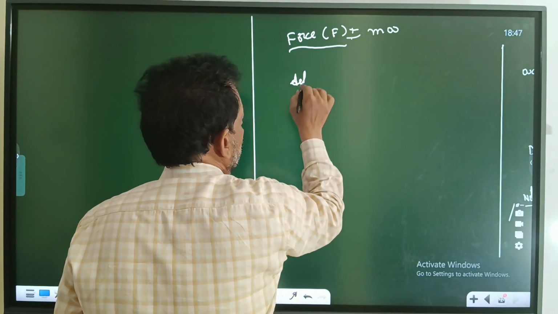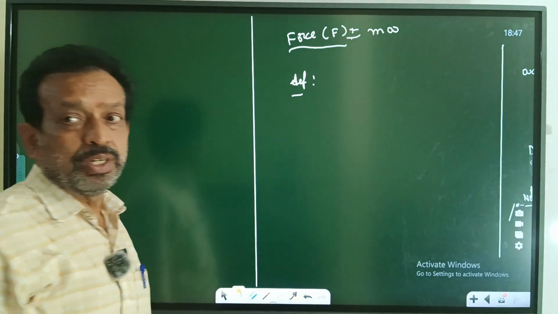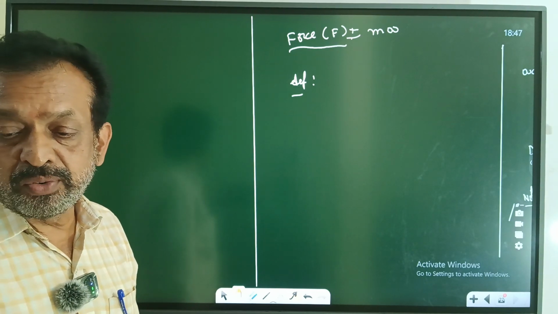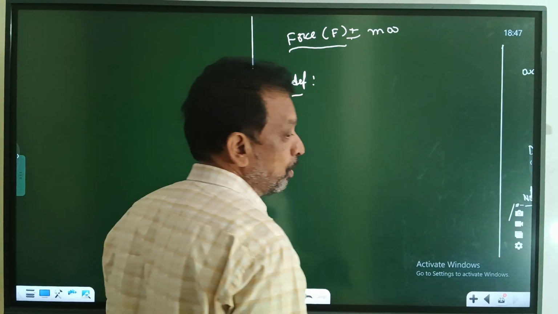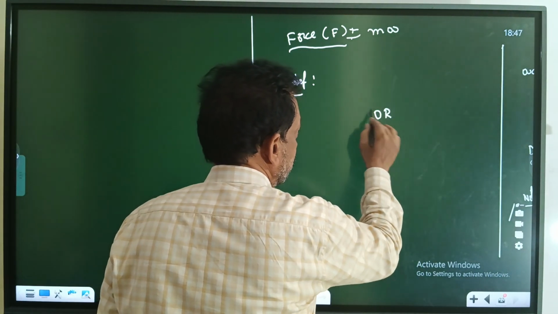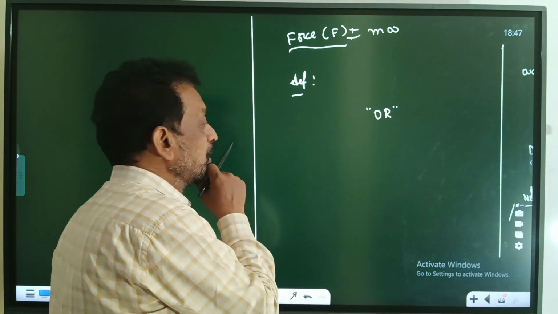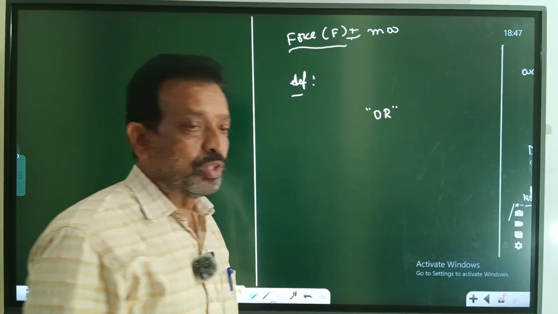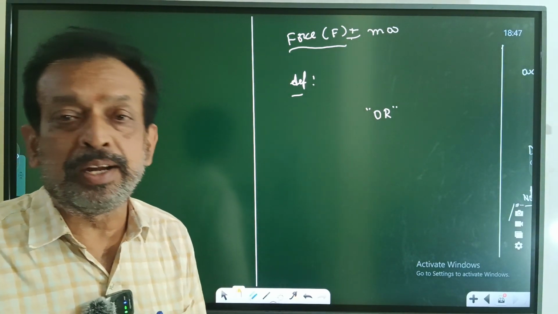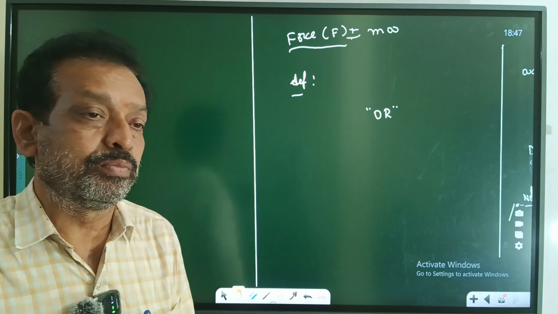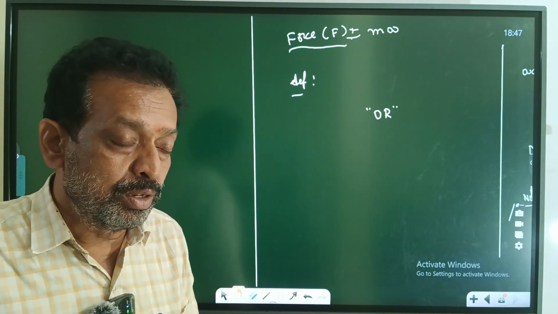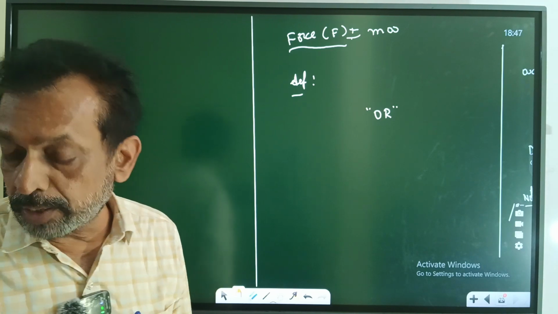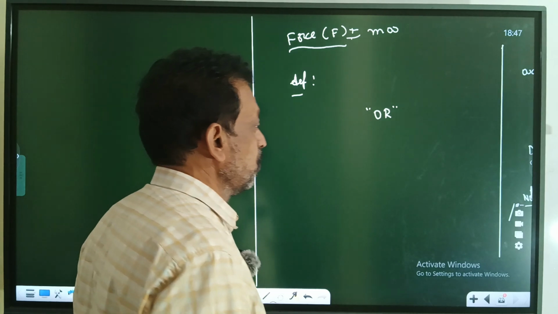So write the definition: either pull or push is called force. Or, the force is that which tries to change the position of the body. Then only we call it force.